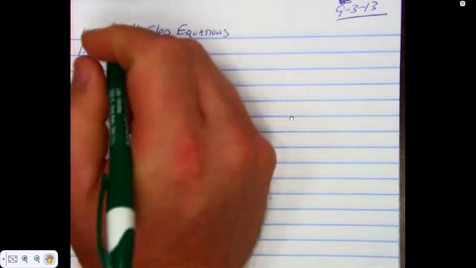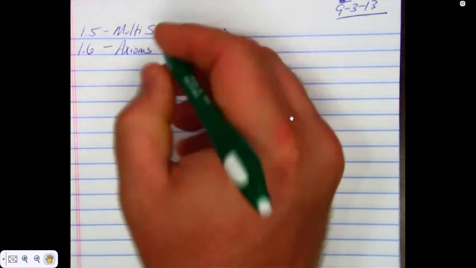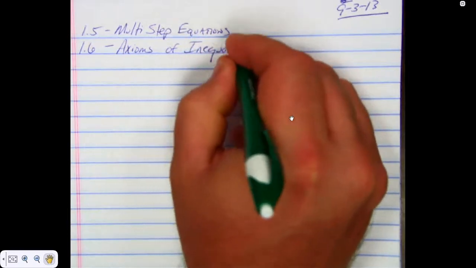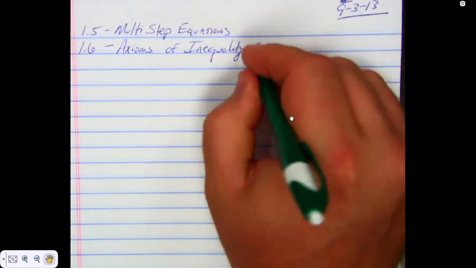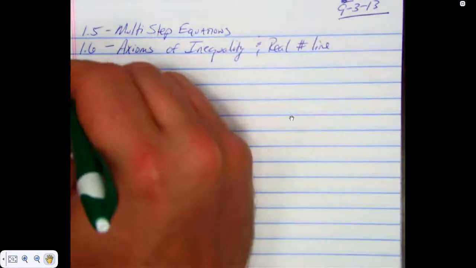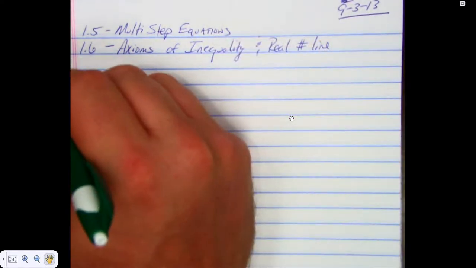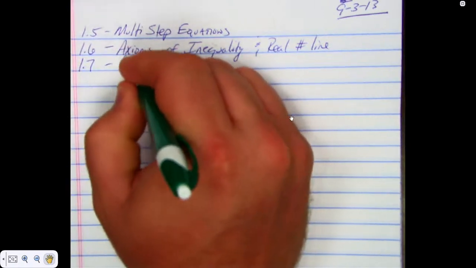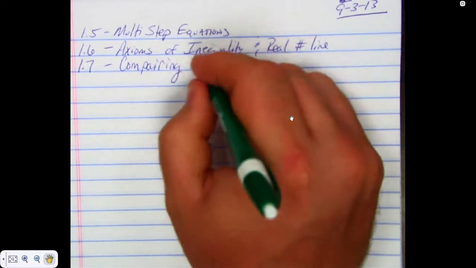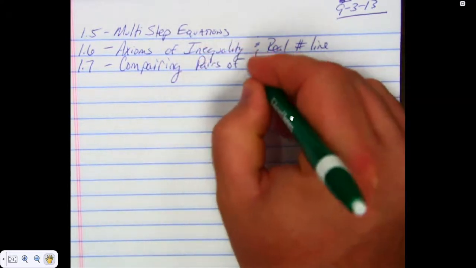And we're going to do 1.6, axioms, inequality, and the real number line. 1.7, comparing pairs of numbers.